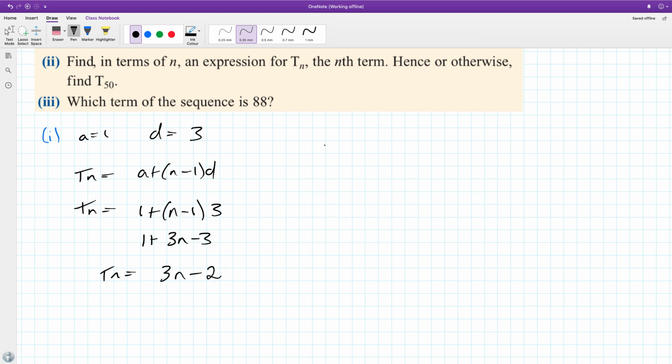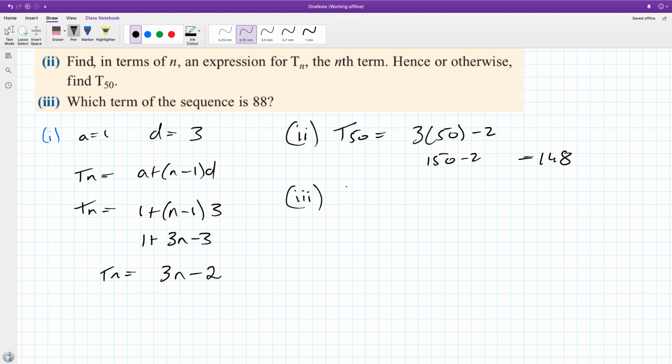Then find T50. How do we find T50? Put in 50 instead of n. T50 is 3 times 50 minus 2, which is 150 minus 2, equal to 148. And the last bit is which term in the sequence is 88?